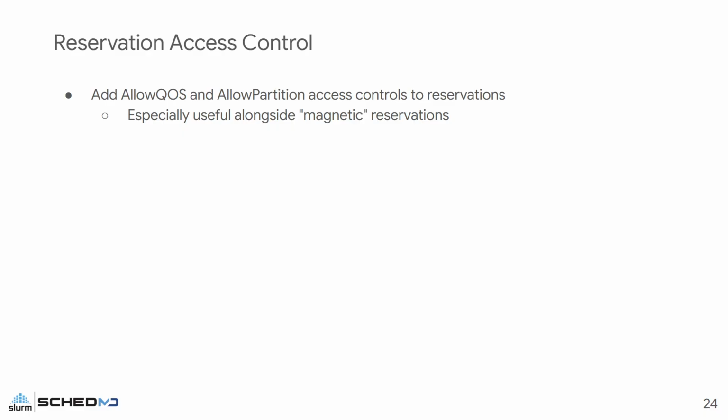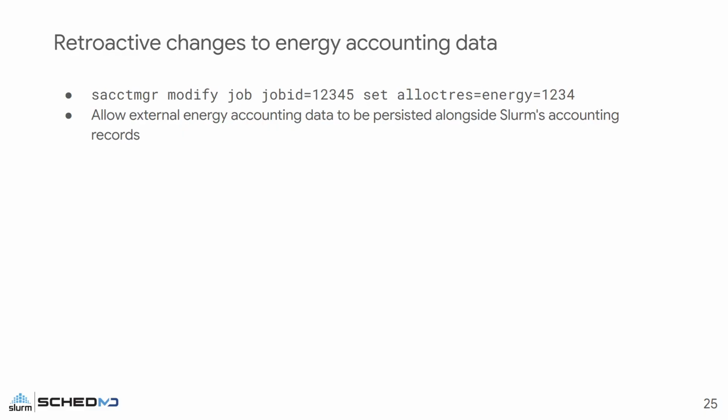We added this idea of retroactively changing accounting data through the sacctmgr tool. This was specifically intended for energy, but I believe you can change the alloc-tres values throughout as needed here. The idea here was to be able to integrate with systems where energy data is being tracked and managed by something external to Slurm, and that Slurm's built-in plugins aren't directly able to interface to.